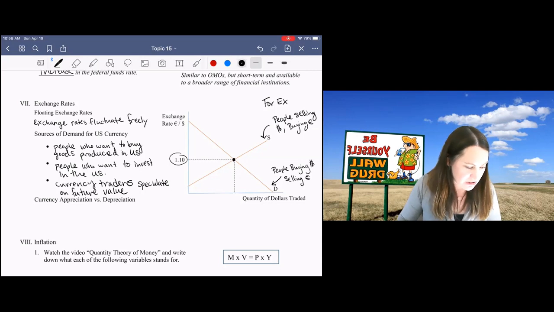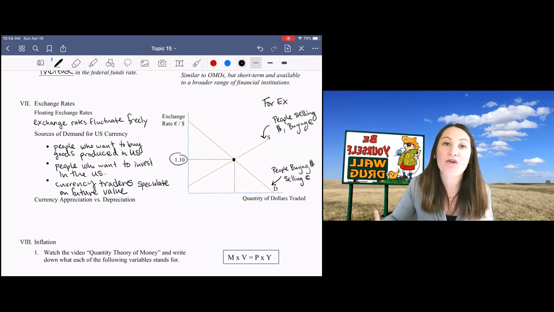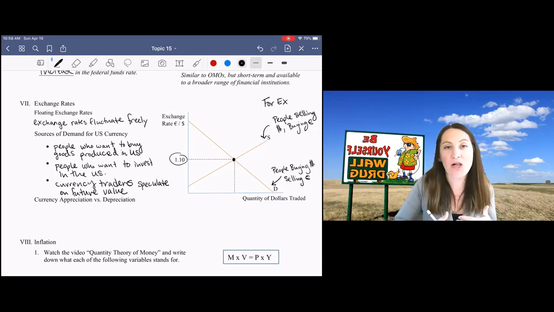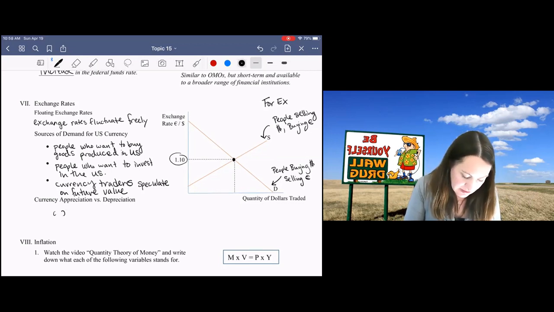So currency appreciation means that the currency is increasing in value, right? So if the dollar appreciates, then that means that each dollar is going to buy more euros.